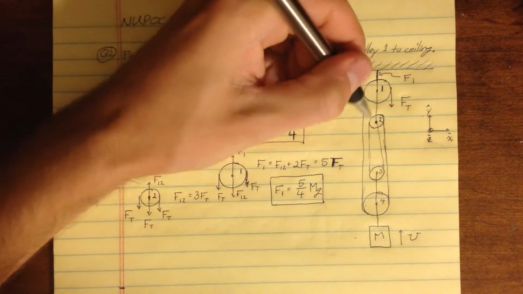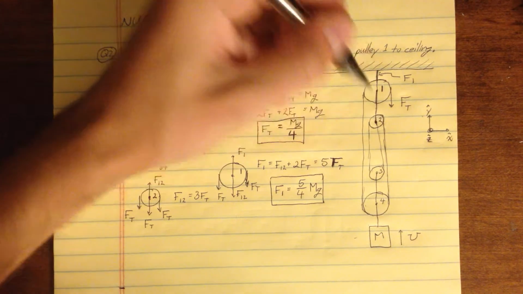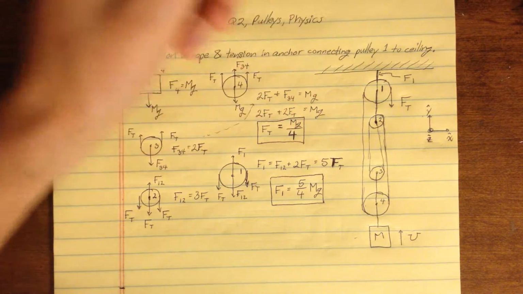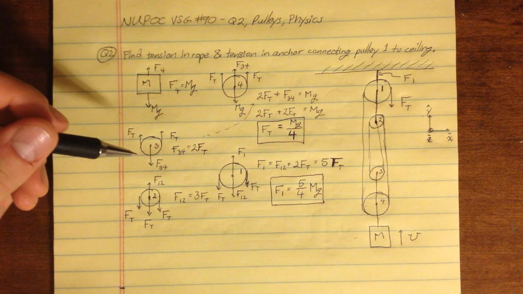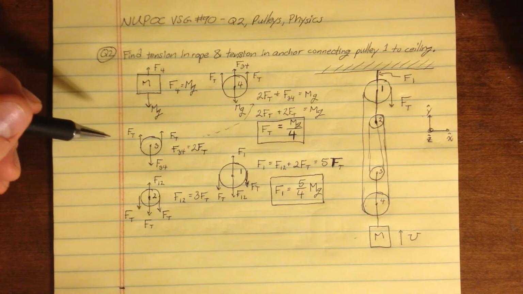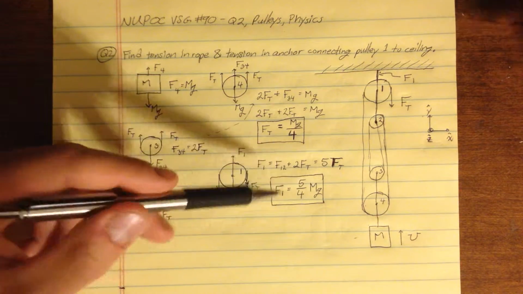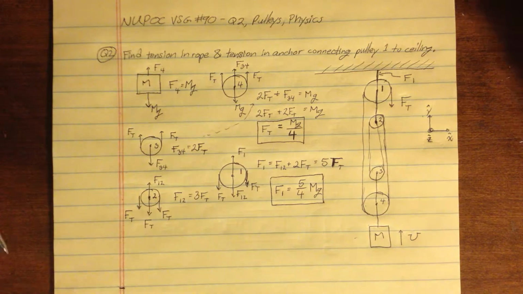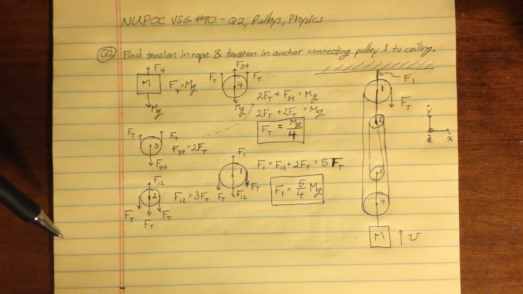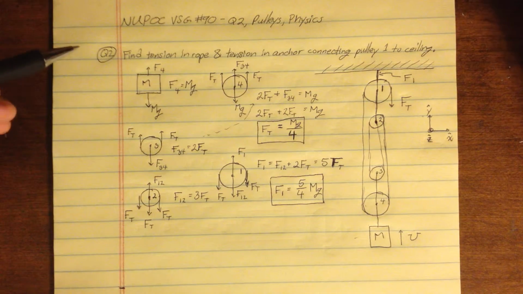So that load from the rope pulling down on pulley 2 needs to be supported by F1 as well, and we know that Ft is mg over 4, so we have to add an extra mg over 4 to mg, the other load pulling down, and so we get 5/4 mg. It's the mass pulling down plus the tension in the rope that has to be supported by F1.